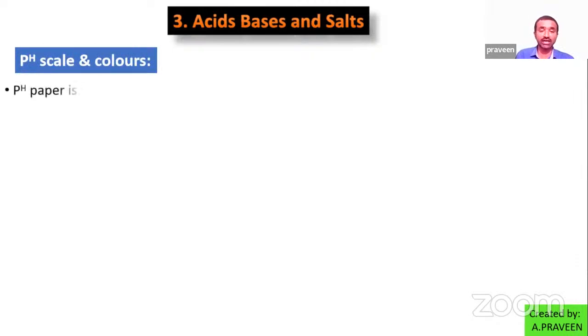The pH paper color is yellow. pH paper is a paper dyed with different chemical substances. A number of substances are used in making pH paper. That is finally obtained in a yellow color.